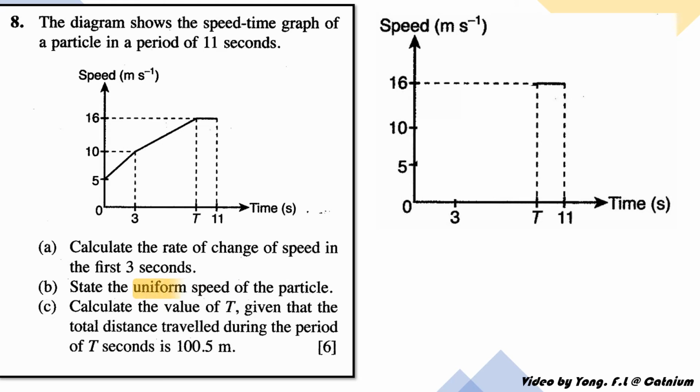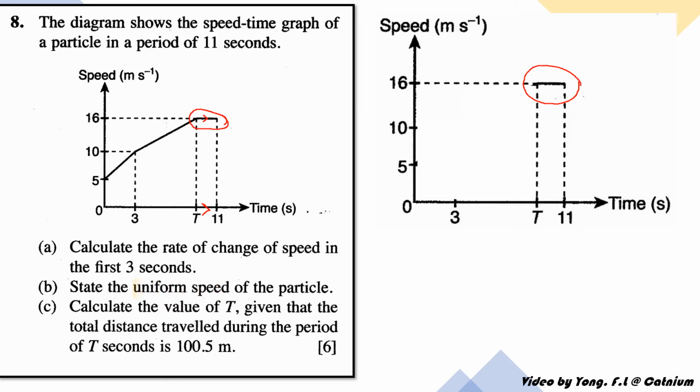Okay, so for uniform speed you're looking for a horizontal line, which is parallel to the x-axis. So in this diagram I have erased the other lines, garis lain tidak berkaitan, saya sudah padam. So tinggal bahagian ini sahaja yang dirujuk untuk soalan B. Okay, for question B we are looking for uniform speed.